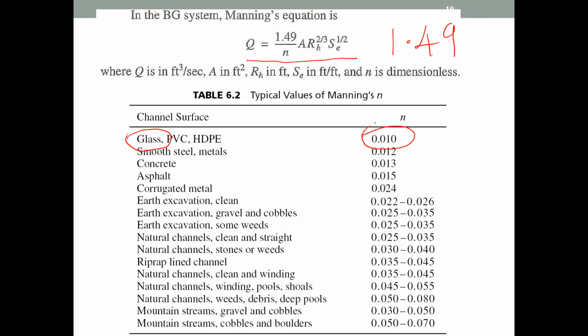Therefore, the Manning coefficient is quite small, like 0.01. But if you are talking about a natural channel, then you can see the Manning coefficient change. So the roughness becomes higher. So the magnitude of this Manning coefficient indicates the roughness of the surface. Is it clear?